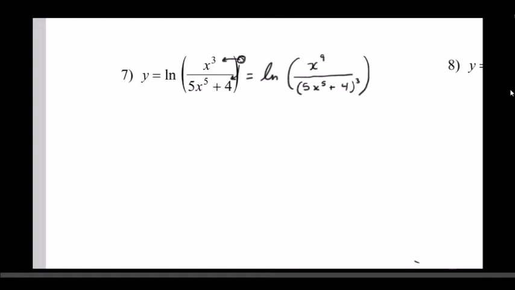Now, since we have a quotient, we're taking the natural log of a quotient. We can use the quotient rule, which says y equals natural log of the numerator, x to the ninth, minus the natural log of the denominator. And then apply the power property to bring those exponents down.